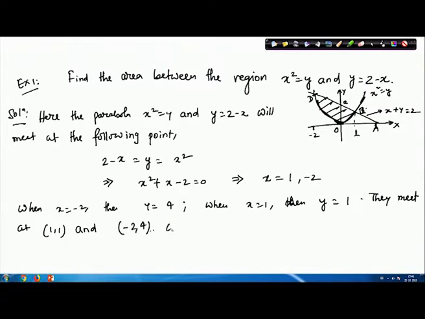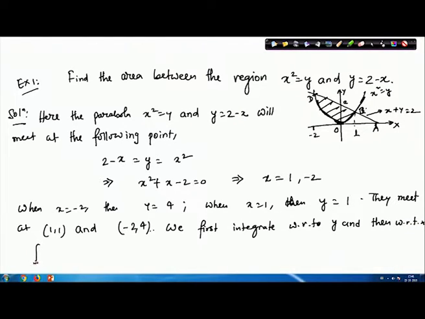So we first integrate with respect to y, and then with respect to x. So that's how we are maintaining the order.